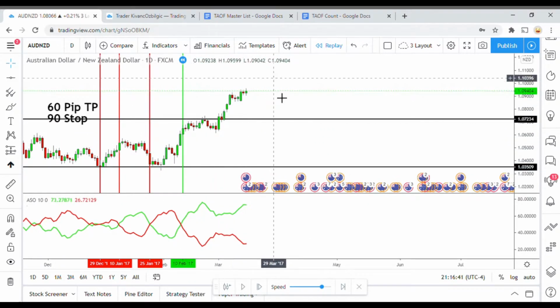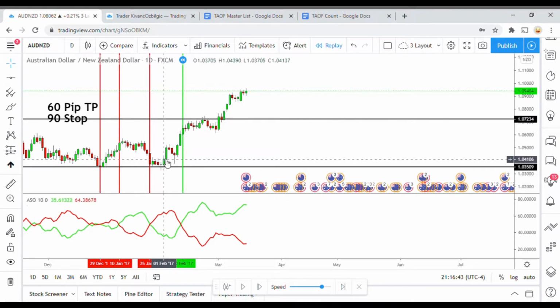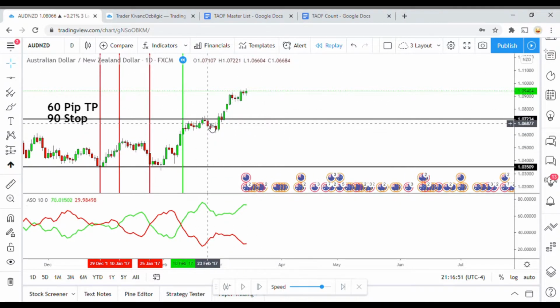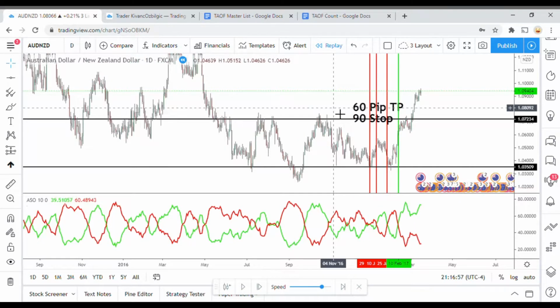At this point, it has made a significant move upwards. More than likely, it is starting to exhaust itself in this movement. We've had 1, 2, 3 solid moves take place here.